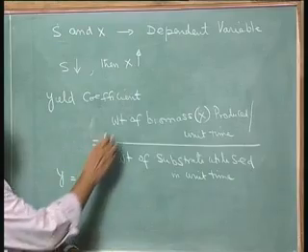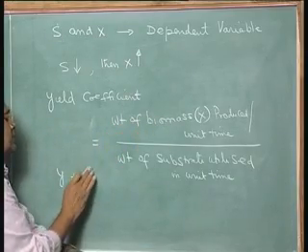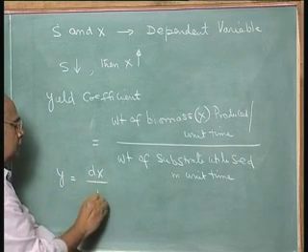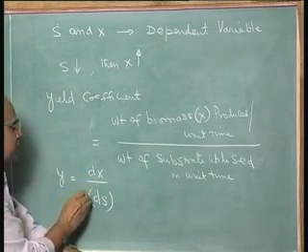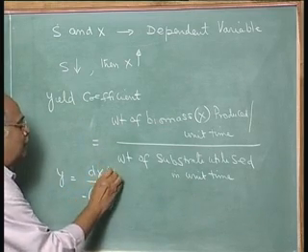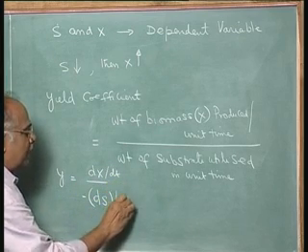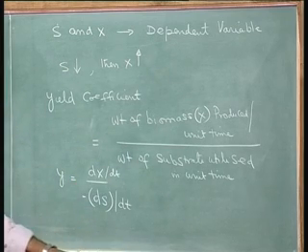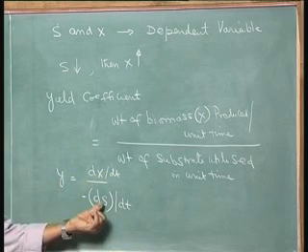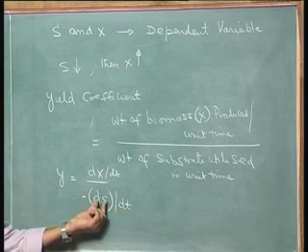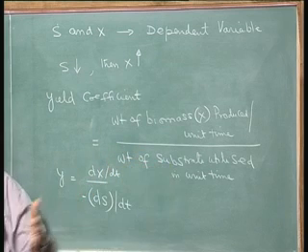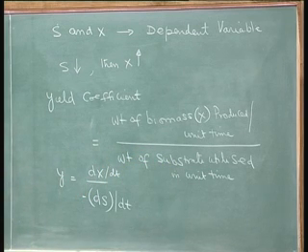This can be mathematically written as biomass increase dX, and decrease in the substrate concentration minus dS, per unit time. So, in other words, Y is nothing but dX by dt over minus dS by dt. Minus sign I am putting, why? Because substrate is being utilized and hence there is a decrease in the substrate concentration.